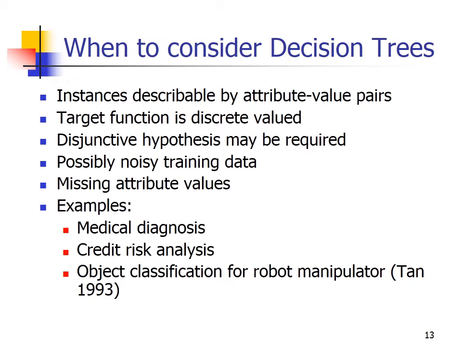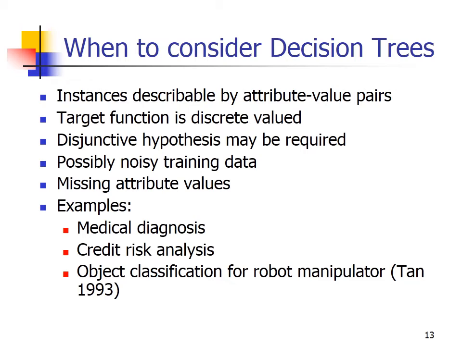You see, these decision trees naturally represent disjunctions of conjunctions. So when disjunctive hypothesis is required, decision trees are one of the best options.